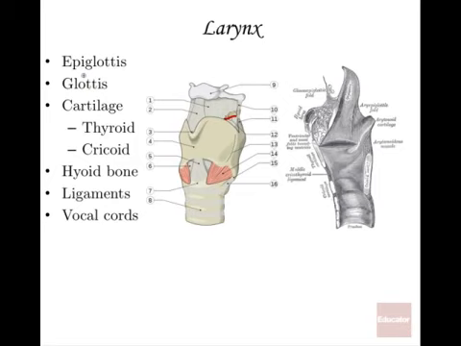Every time you swallow, the epiglottis flaps down. It's a flap that closes on top of the glottis, and the glottis is the opening into the larynx passageway. Every time you swallow, that epiglottis is supposed to flap down, and the glottis is supposed to close so that fluid and solids are not going into the larynx and the trachea, your windpipe leading to the lungs.